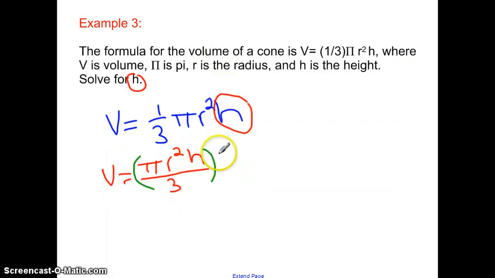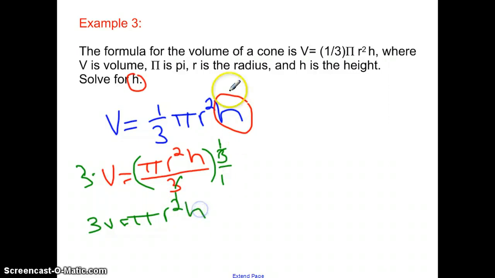The opposite of dividing by 3 is to multiply by 3, and those would simplify to 1. But what you do to one side, you've got to do to the other, so we've got to multiply by 3 over here as well. When we rewrite this, we've got 3v equals pi r squared h. Let me clean up that equal sign, that's kind of messy.